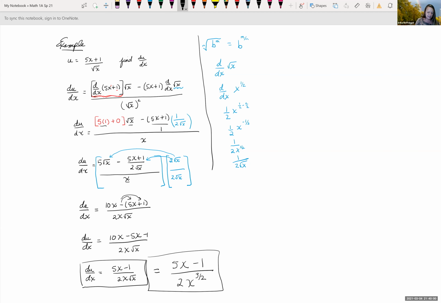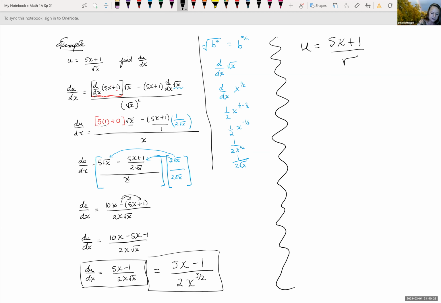So let's look at the same example, but let's go through it, rewriting it, and show how much faster it could be if you first manipulate your function before you take the derivative. And sometimes we saw that you have to do that in order to take the derivative. So here again, we had u is equal to 5x plus 1 all over the square root of x.